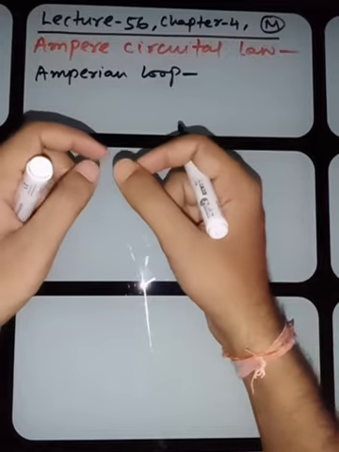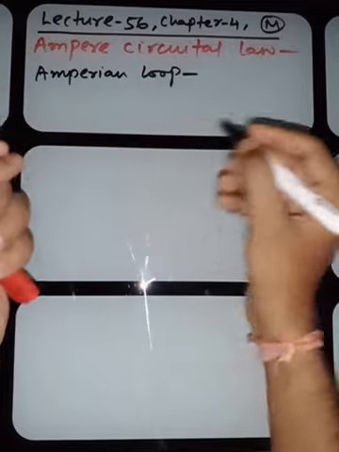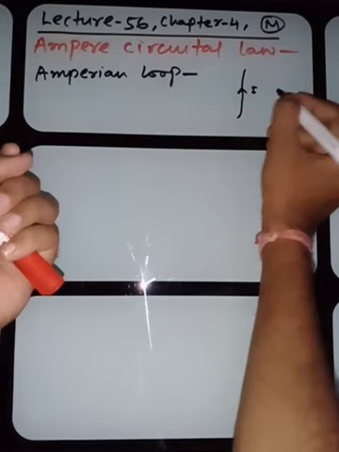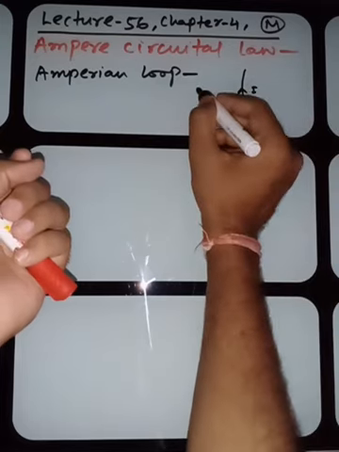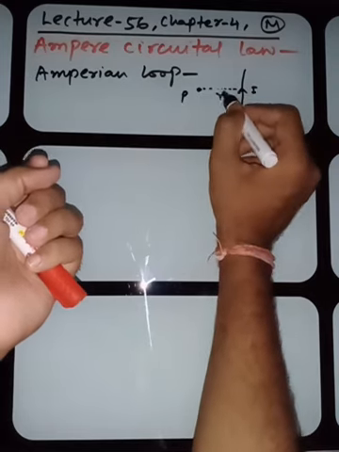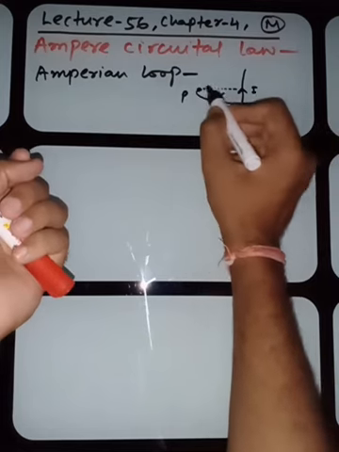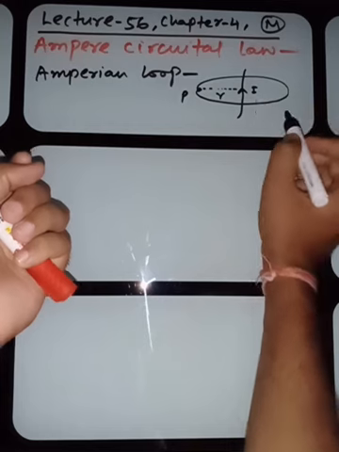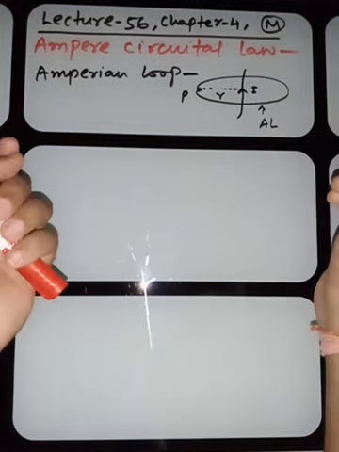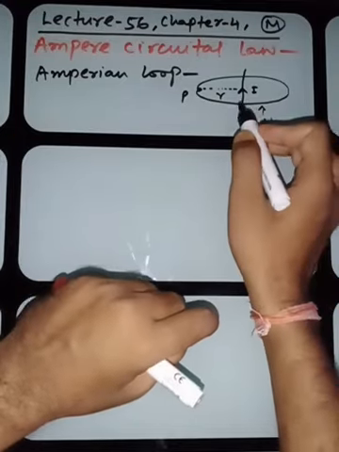Now we are going to make a simple example. Suppose this is my current carrying element, and I have to find the magnetic field at this point P. So you make a radius from this conductor, and with this radius you make a closed loop, and this is considered the Amperian loop. You need to find the magnetic field over this Amperian loop only.